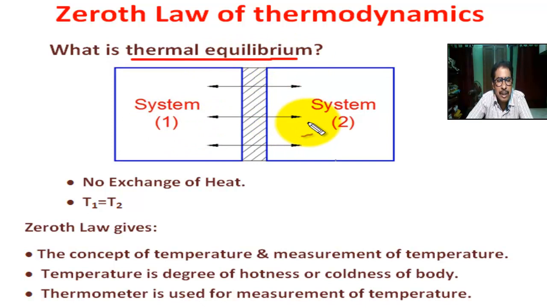There are two systems. This is system 1 of temperature T1. This is system 2 of temperature T2. They are connected to each other with a diathermal wall.